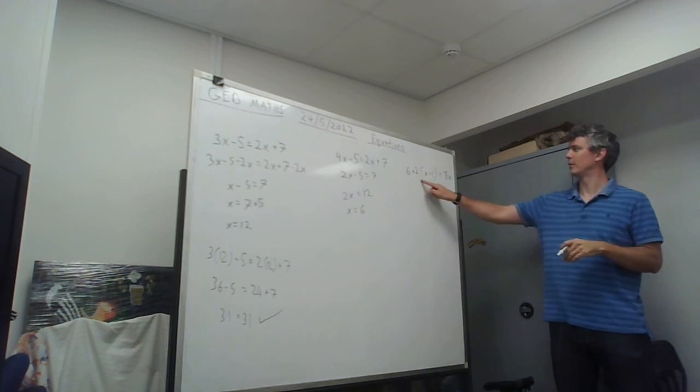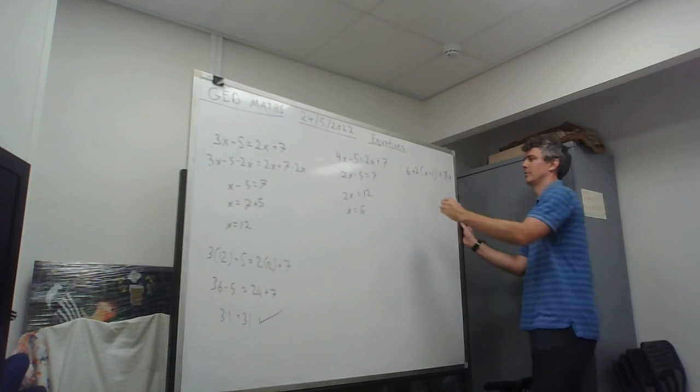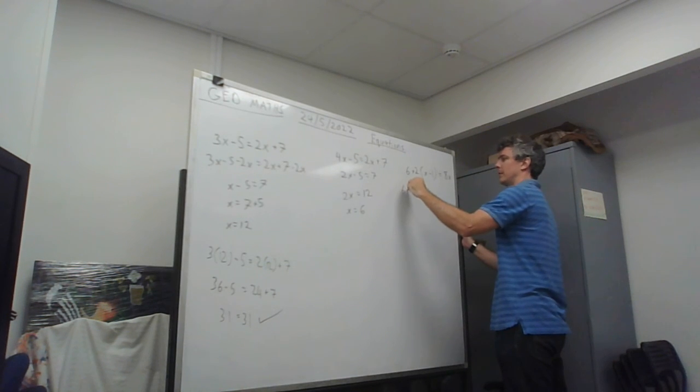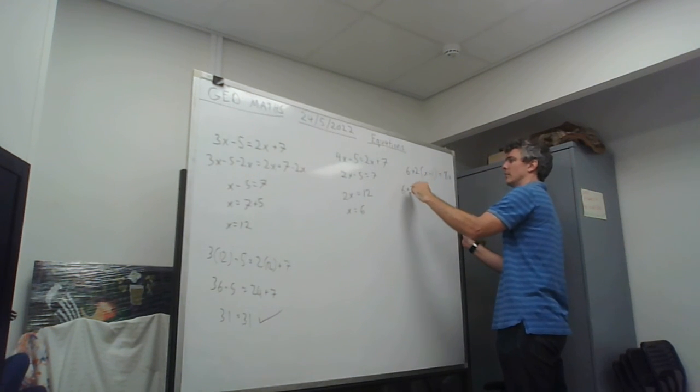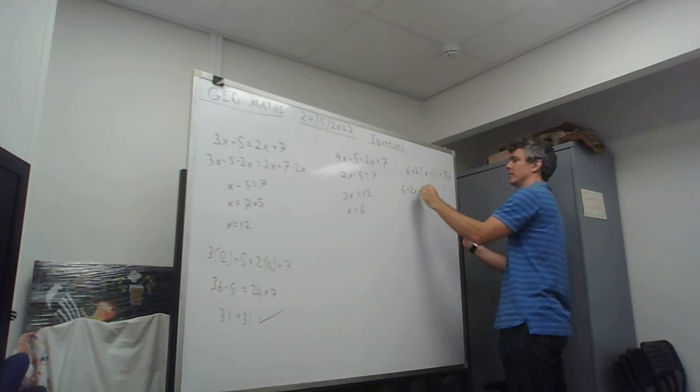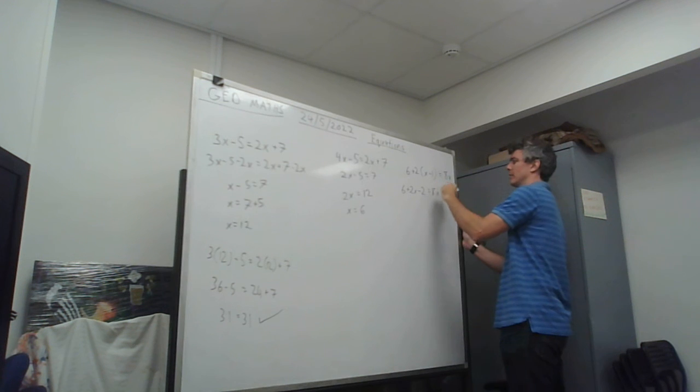So first we need to solve this out, right? So this becomes 6 plus 2 times x, 2x, 2 times minus 1, minus 2, equals 8x.